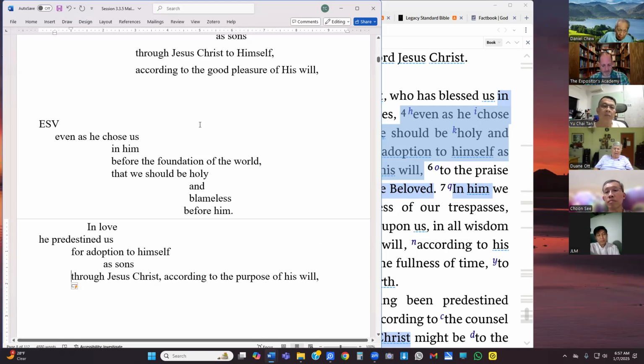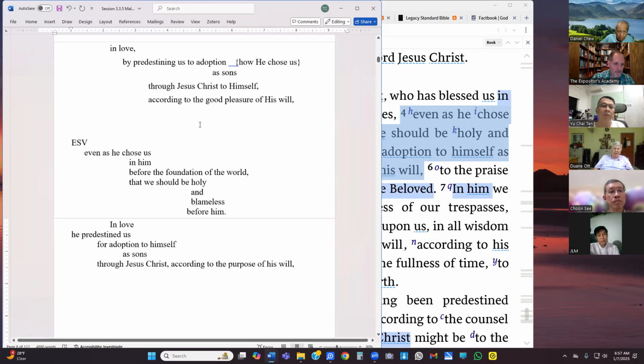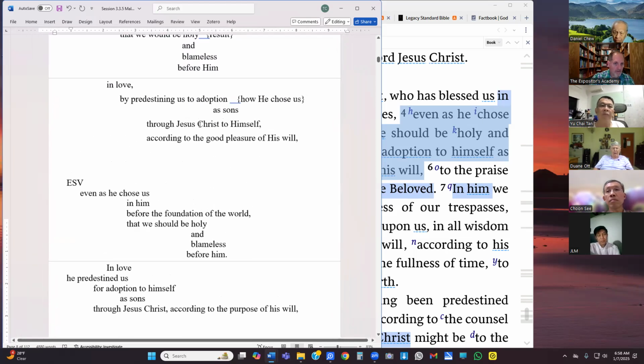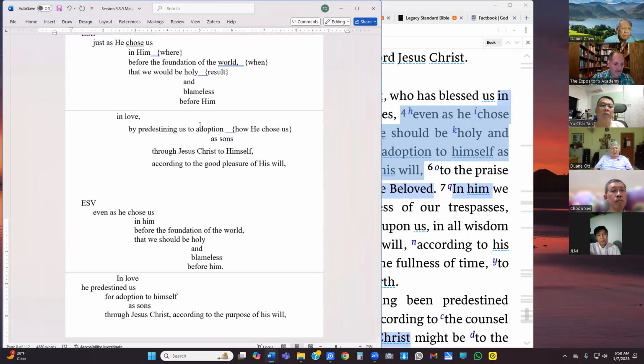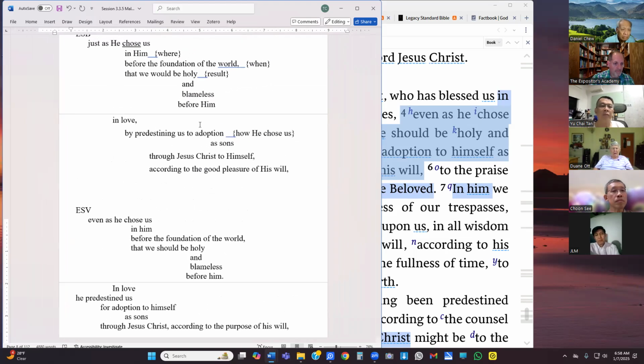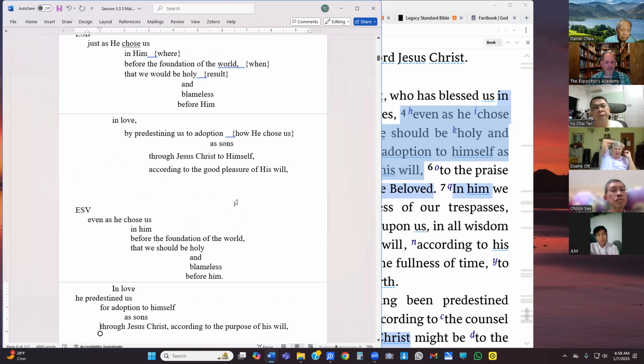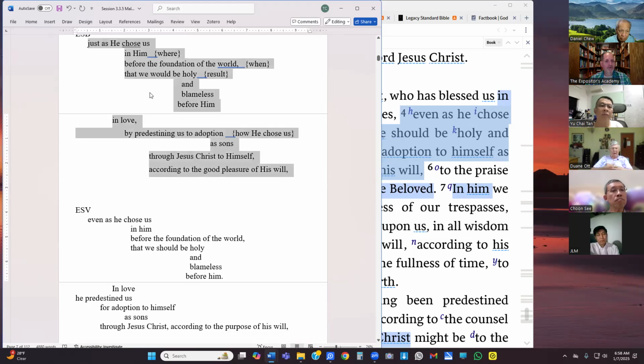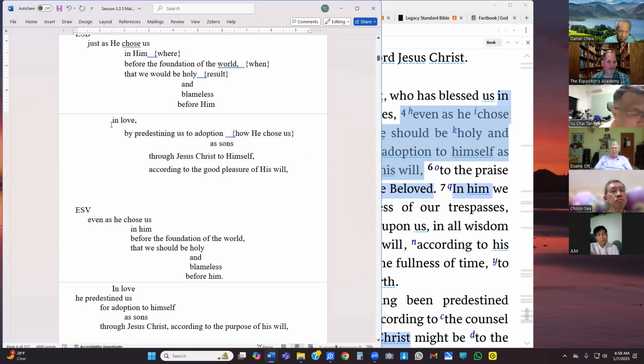Okay, so hopefully you can see this. I'm trying to get it all on the same screen here. So you see there's a difference here, isn't there? In the LSB version, all of this is connected to describing chose. He chose by predestining us to adoption.